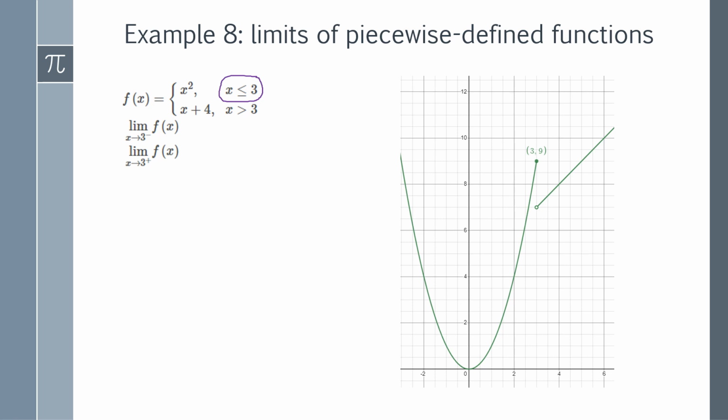And then it is a straight line x plus 4 on the other portion, so for x greater than 3. And notice that for the first portion where x is less than or equal to 3, we have a solid dot over here. Okay, and then when x is strictly greater than 3, we have a hollow dot. Okay, that's important to know.